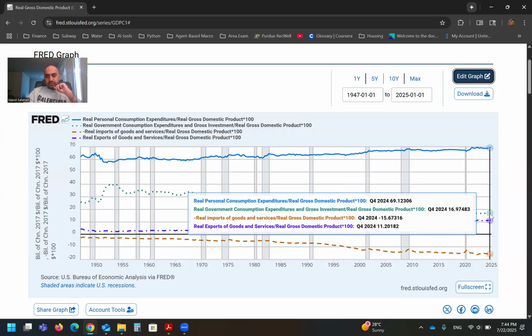For example, here it is around 16% of the GDP for imports and around 11% of the GDP for exports. When we have higher imports than exports, it is called a trade deficit, and when we have more exports than imports, it is called a trade surplus.